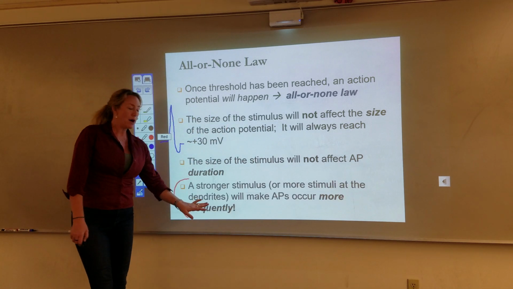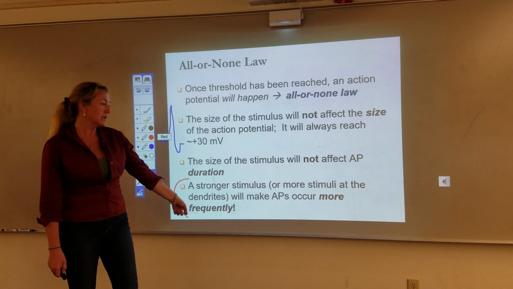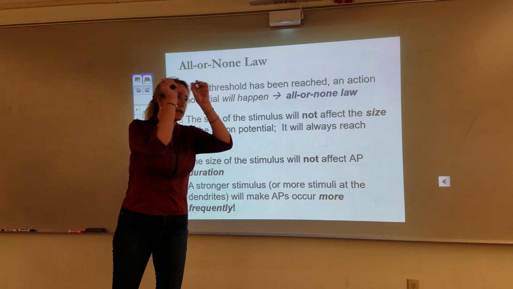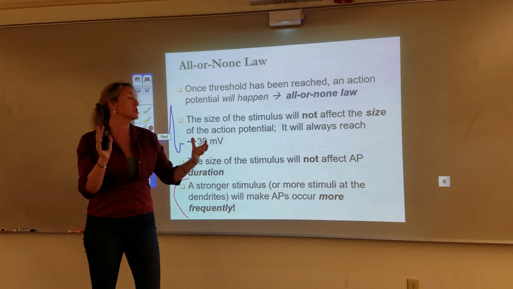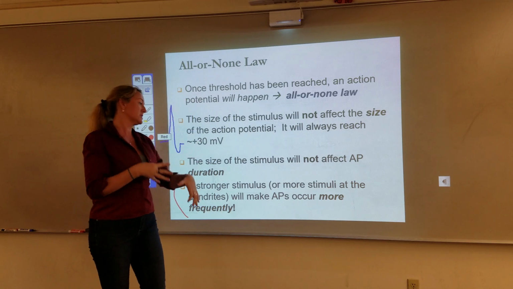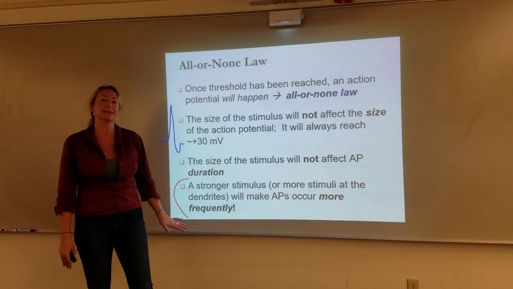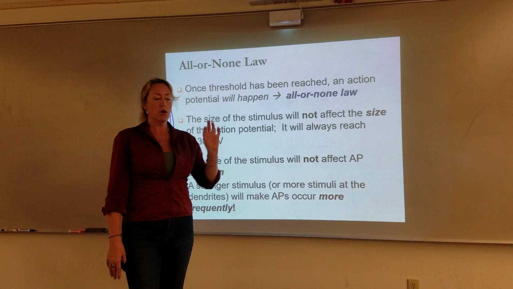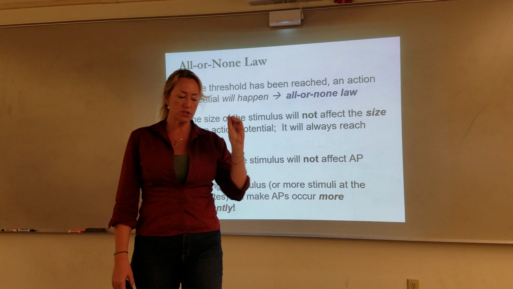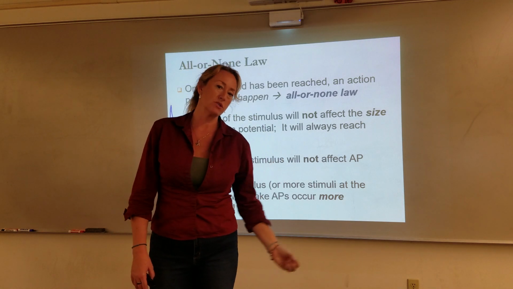But a really strong stimulus, or a lot of stimuli at the same time, so a lot of neurotransmitters or synapses affecting that one cell at the same time, will make action potentials fire more quickly or more frequently. So stimulus intensity converts into action potential frequency, okay?